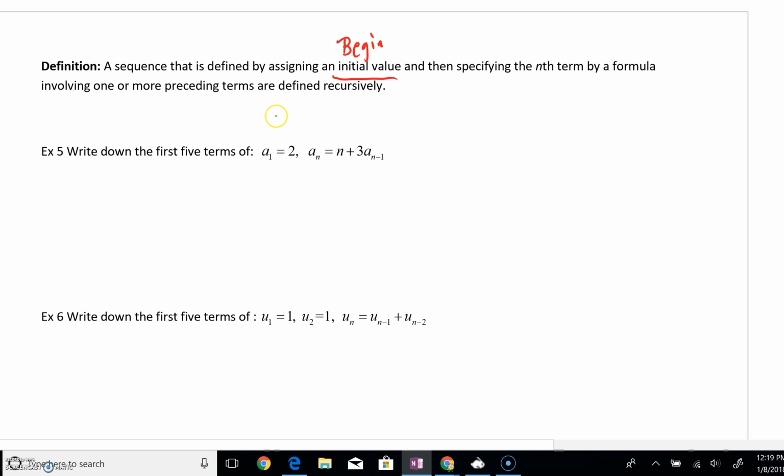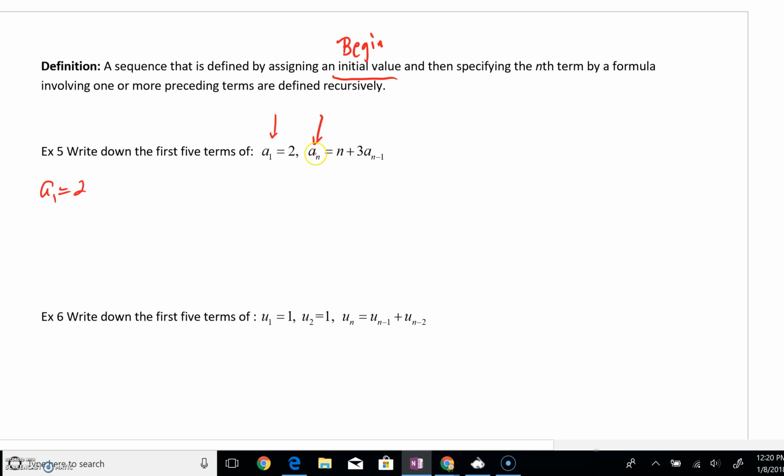For example, in example 5, we're told that a sub 1 is 2, and then they're saying a sub n is simply n plus 3 times a sub n minus 1. So they're saying write down the first 5 terms. Well, we already know a sub 1 is 2, but now we're going to follow this formula here.